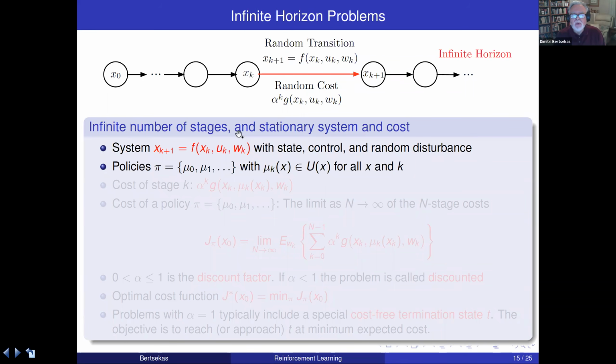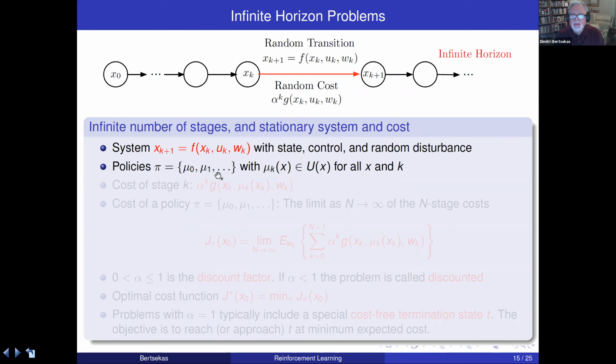So we have an infinite number of stages, a stationary system and cost, and the system is given in this form, but without the dependence of f on k. And there are states, controls, and disturbances. Disturbance has a given probability distribution that depends on xk and uk.